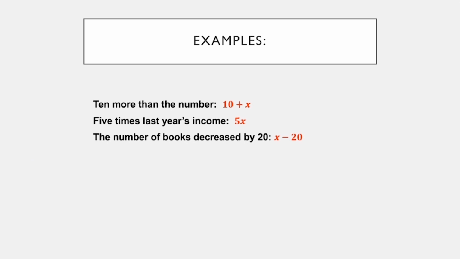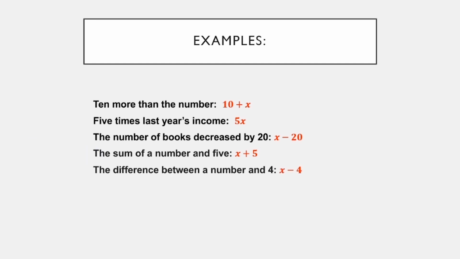When we say decreased, it could be minus. So if we translate it to a mathematical phrase, it can read as x minus 20. Number 4, the sum of a number and 5 can read as x plus 5. And the last one here is the difference between a number and 4, which can read as x minus 4.